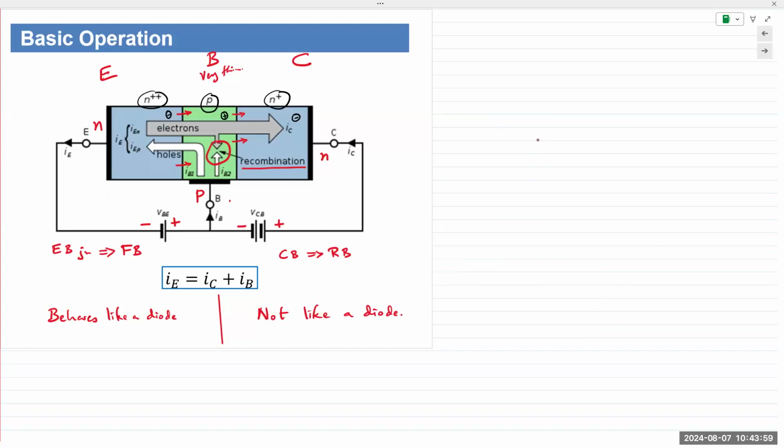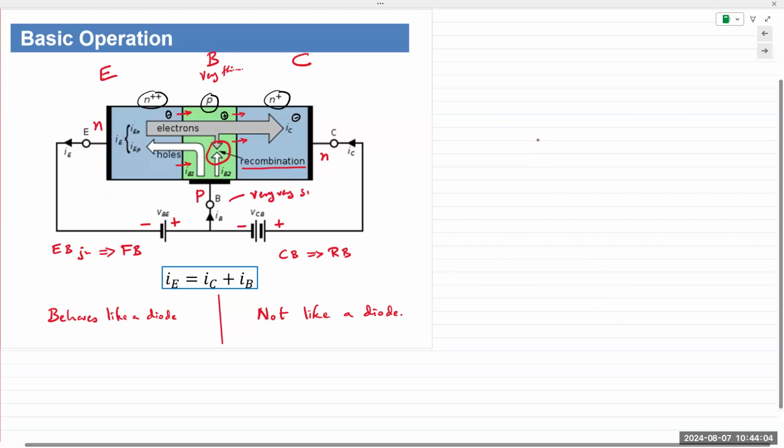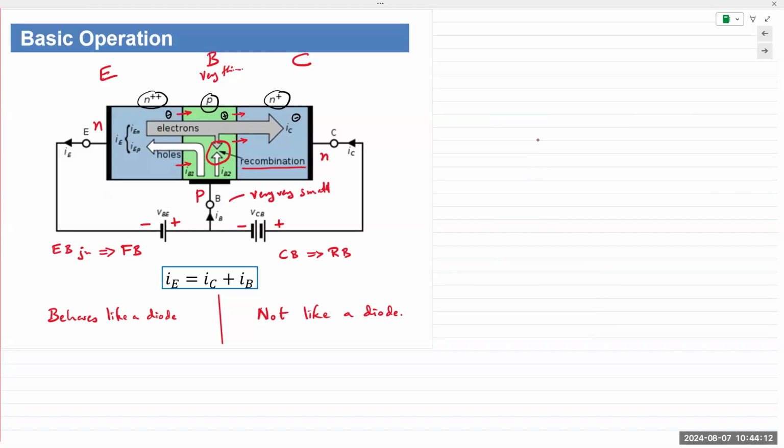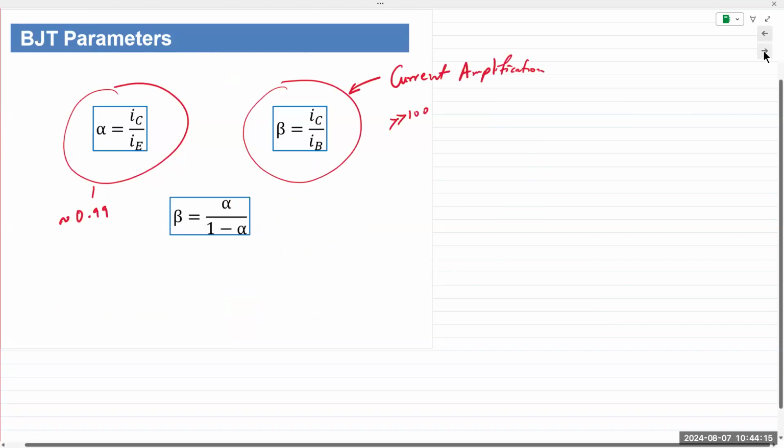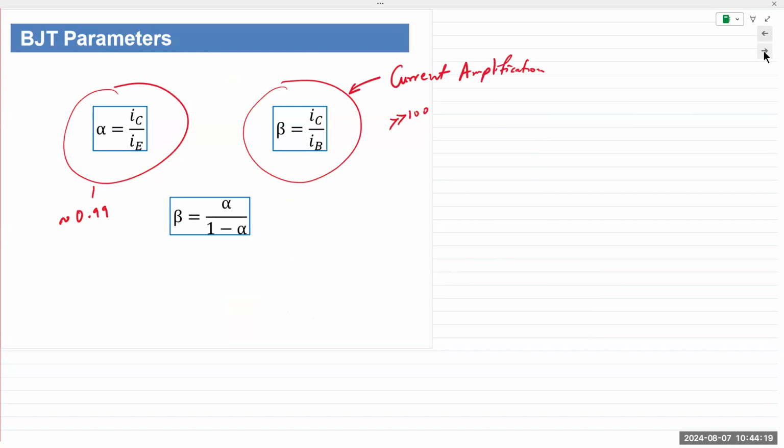The base current is very, very small, orders of magnitude smaller than the collector current. So the emitter current and the collector current are very similar, except IC plus IB is equal to IE. So it's not quite 100% equal, slightly less, about 99% or so. Hence, the alpha value is about 0.99.